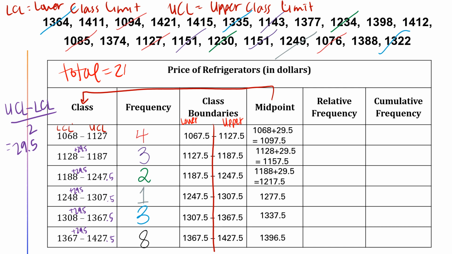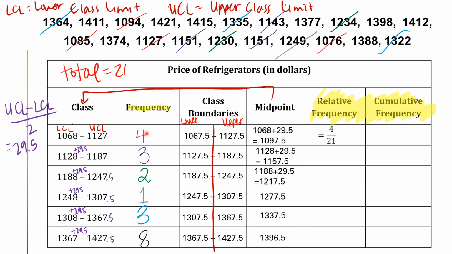All right, then now we're getting into the good stuff. This is the type of stuff that we're going to be doing on the test. Relative frequency, cumulative frequency, and also frequency. Relative frequency, remember that's frequency over the total, which we found out was 21 instead of 22 like I originally said. So relative frequency is going to be 4 over 21.